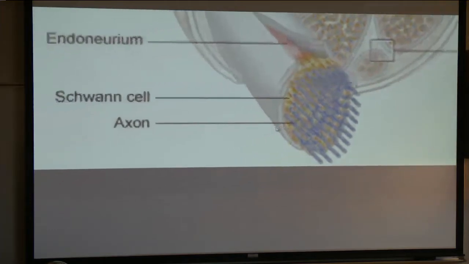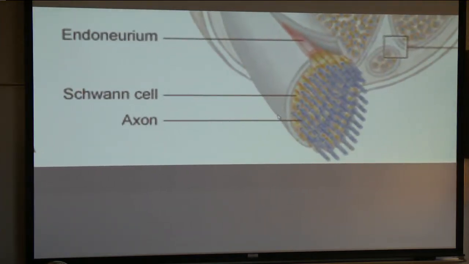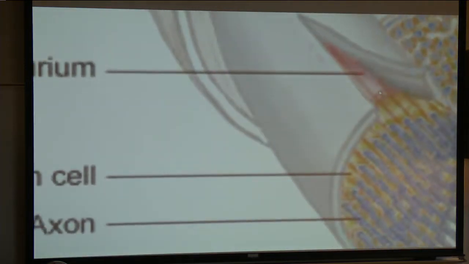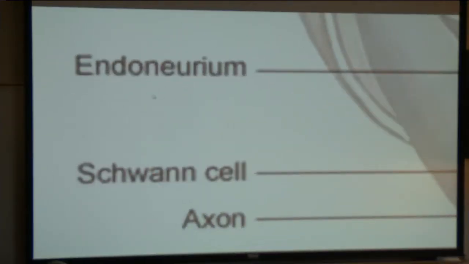So each one of these axons are nerve fibers. Okay, so we have our nerve fibers. You may or may not have myelination. Schwann cells can do the myelination, as can oligodendrocytes, so you have your myelination. Now, the barrier that surrounds that, and each and every one of these, right here in pink, this is your endoneurium.